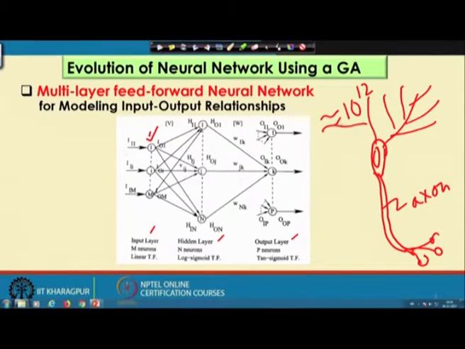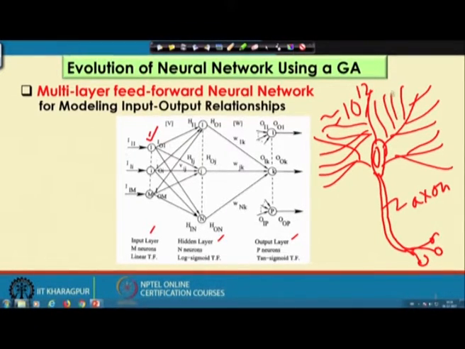We have a large number of dendrites, and these are all thin fibers. With the help of these dendrites, this neuron is going to collect information from the neighboring neurons, and all the collected information will be summed up here in the cell body.